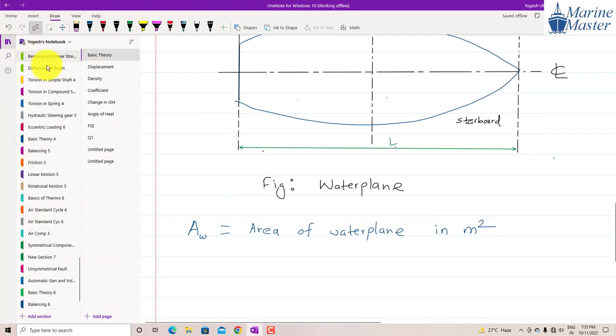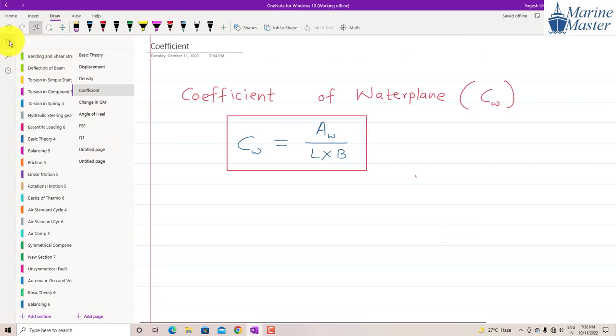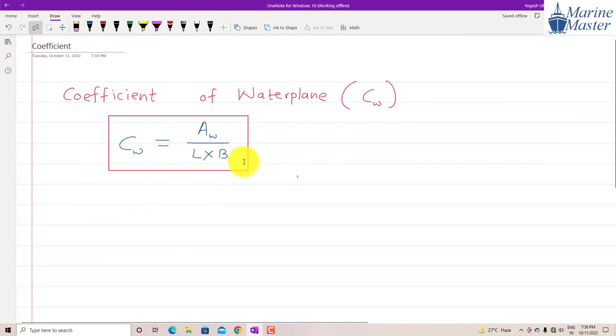So CW will be equal to AW divided by L into B. This is the coefficient of water plane. Before going further, please everyone write down this discussion.